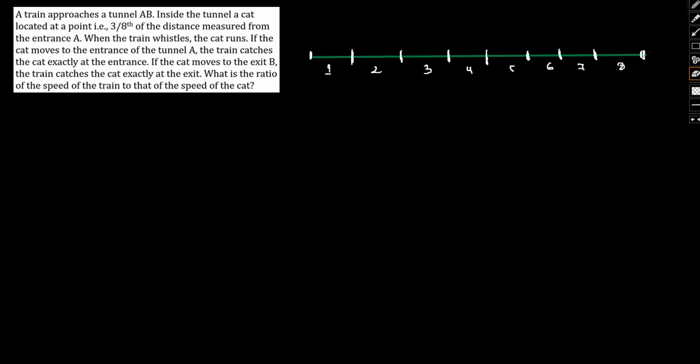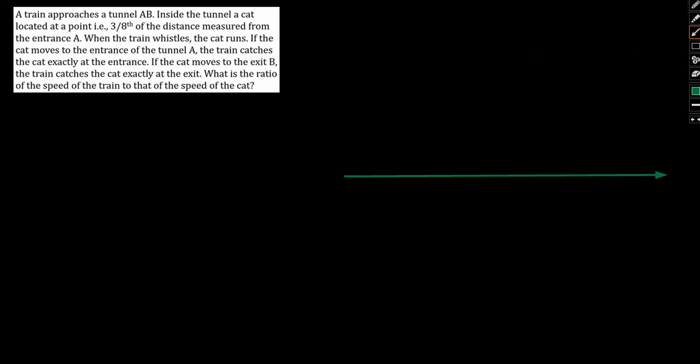Let me draw it down so that things become actually easier. Let me divide the same into 8 equidistant points, say 1, 2, 3, 4, 5, 6, 7, and 8. Okay, we have 8 equidistant points over here.